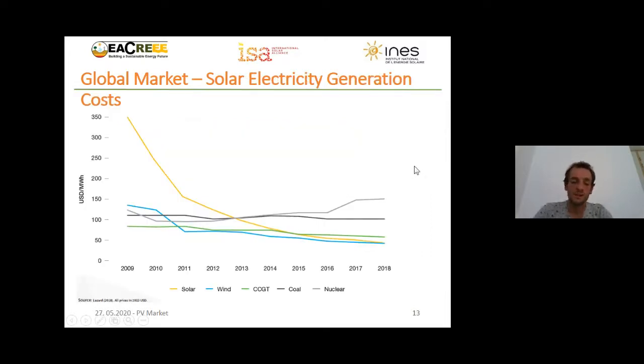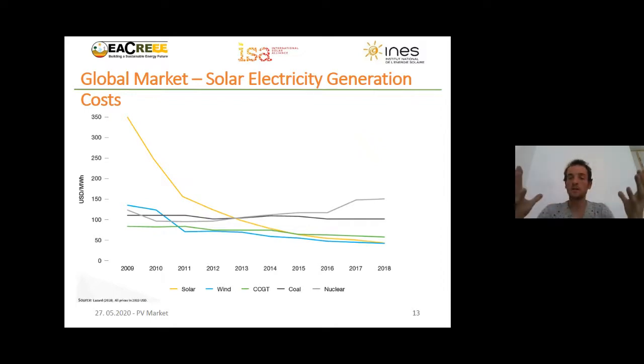And another interesting data that can allow us to compare different power generation systems is what we call the electricity generation costs, or LCOE. Maybe you heard of it before. So it's the levelized cost of electricity, and the unit is US dollar or any price unit per megawatt hour.